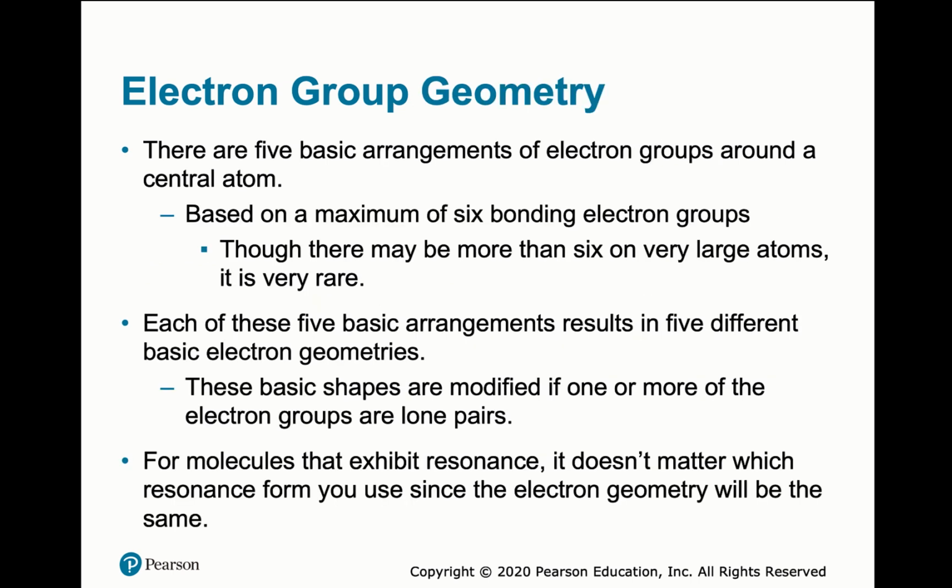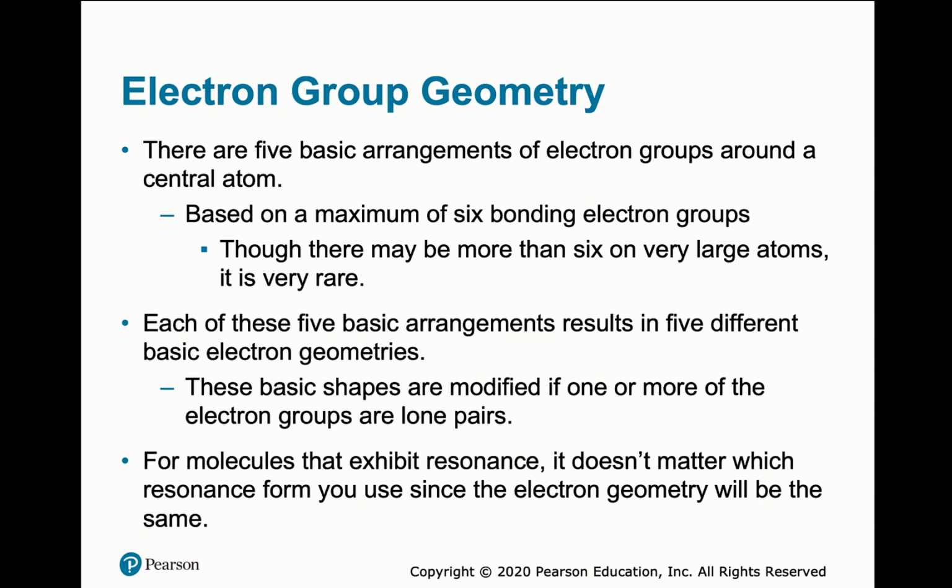And we have five basic arrangements: 2 groups, 3 groups, 4 groups, 5 groups, 6 groups. You can go more than 6 groups, but it's very rare, because it's hard to get so much negative charge around a central atom. That's the reason why things tend not to go past 6, although it's possible.